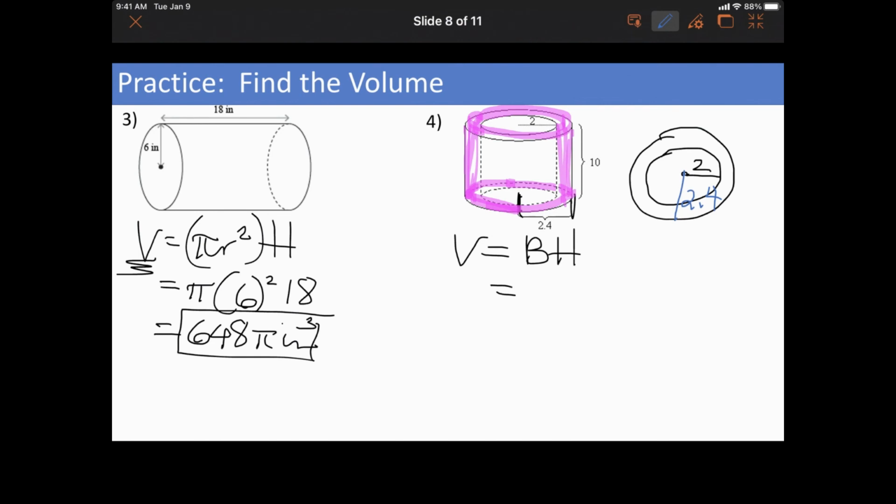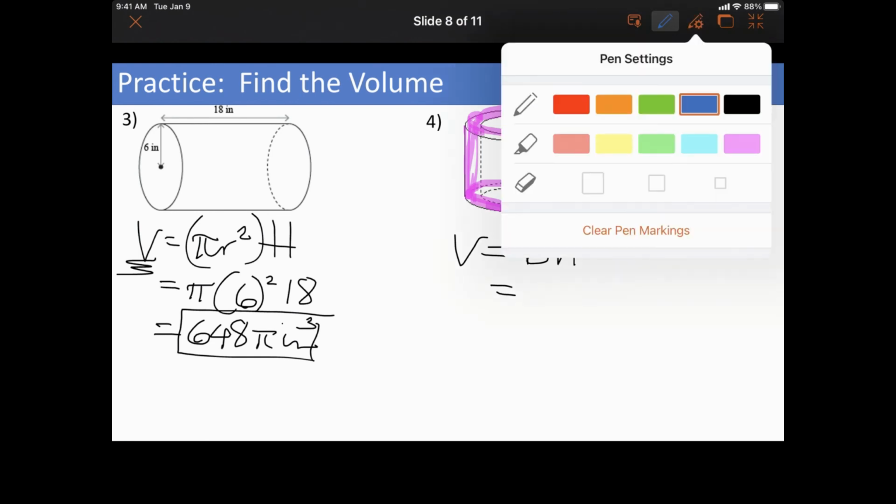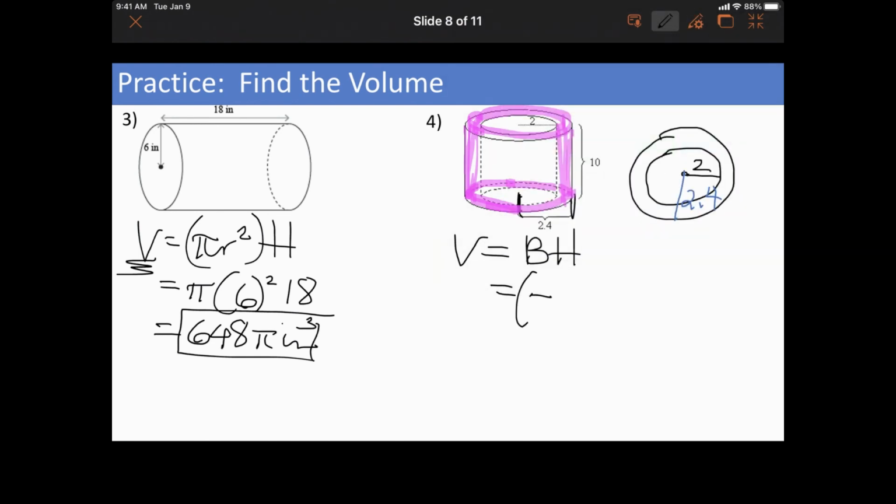So now, what's the area of the base? Our formula of an annulus is capital R squared minus lowercase r squared. So let's do it this way, times the height, which is 10.